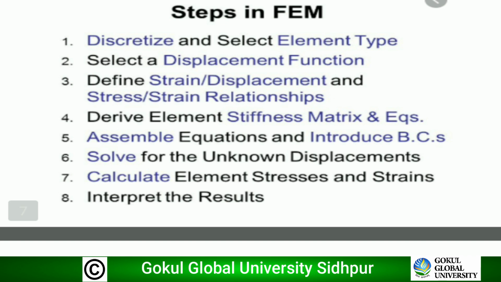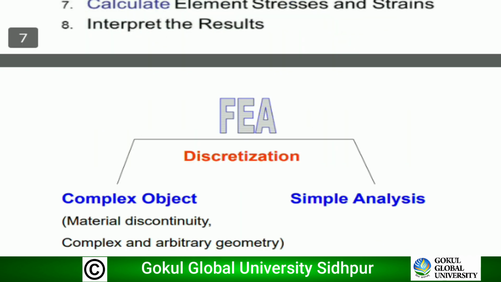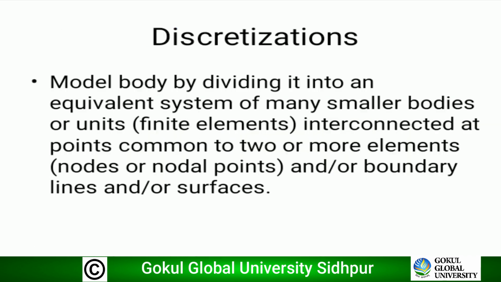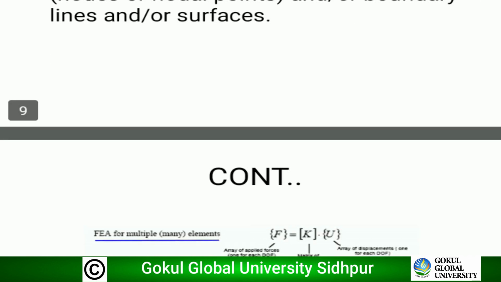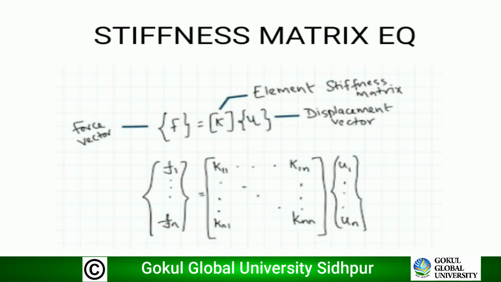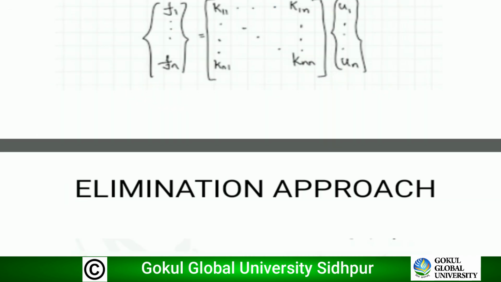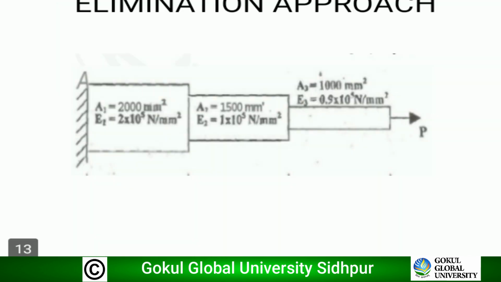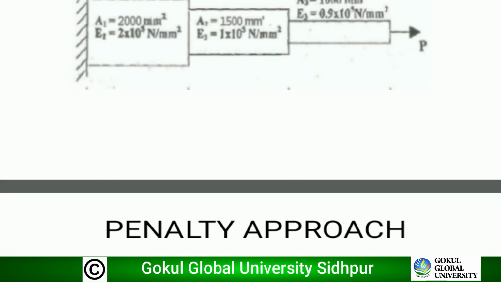Then where FEA is used, what discretization is, what the KQ is equal to F equation is, what node numbering is, what the stiffness matrix equation is, and what the elimination approach is. If a node is fixed, you can easily remove that node's row and column in the KQ is equal to F equation. And the last one is the penalty approach from today's session.